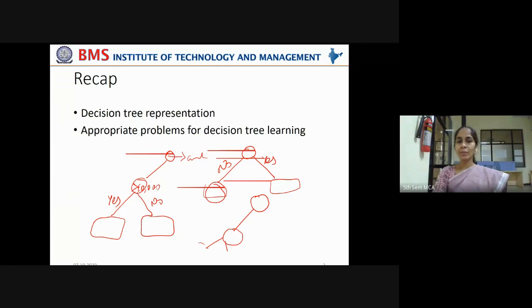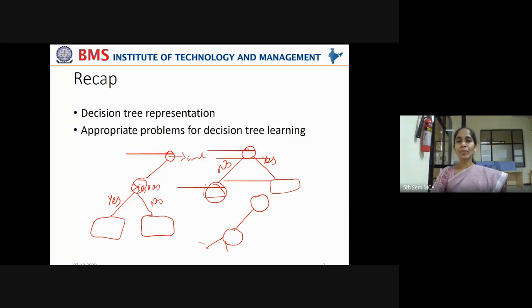Now, we have also seen appropriate problems for decision tree learning. When the data is noisy, when the data has missing values, when the data has some outliers, or when the training examples have attribute values represented in the form of key value pairs, like attribute, say humidity equal to high, or humidity equal to low, meaning an attribute and a value.